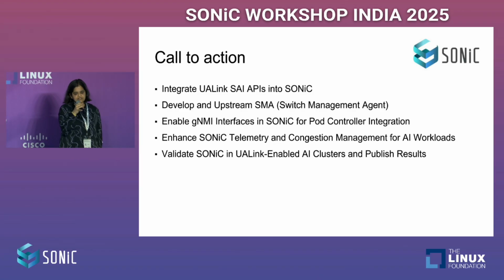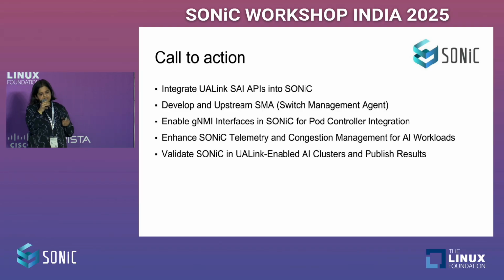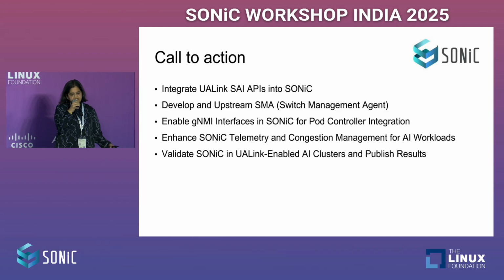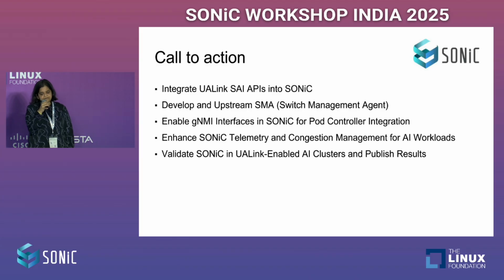And then we need to develop the switch management agent, whose interface is to call the UALink SAI APIs. And on the northbound side of SMA, we also have GNMI interfaces. So we need to bring in this new set of GNMI, that is the control APIs and so on. This is for the pod integration.